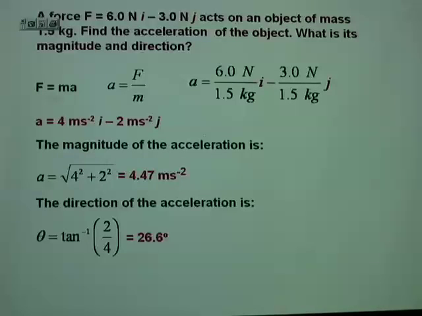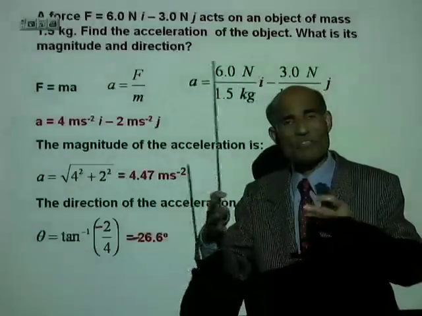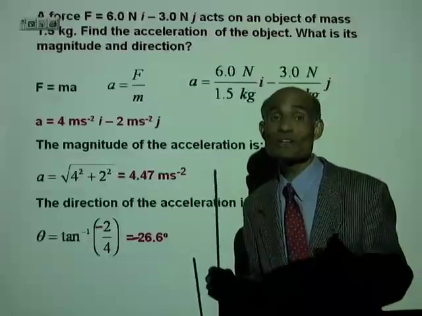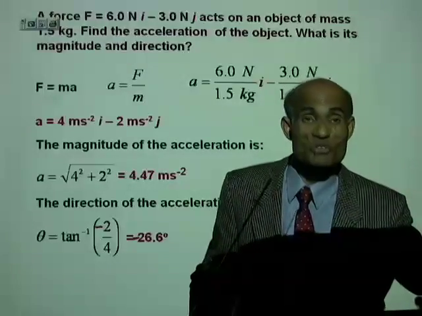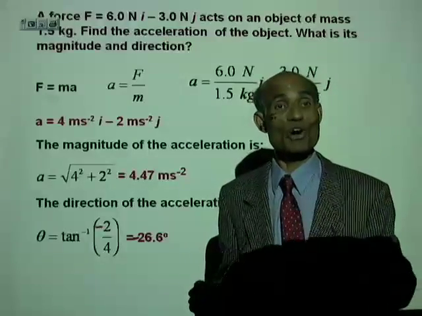Theta equal to tan inverse negative 2 divided by 4, and that is negative 26.6 degrees. I hope you have now a fair understanding of how to do problems using the equations of motion we developed in Unit 1 and the laws of motion.